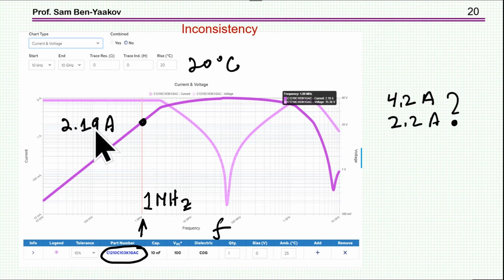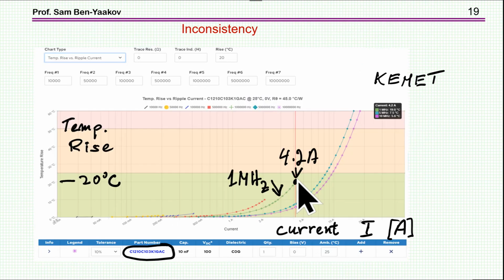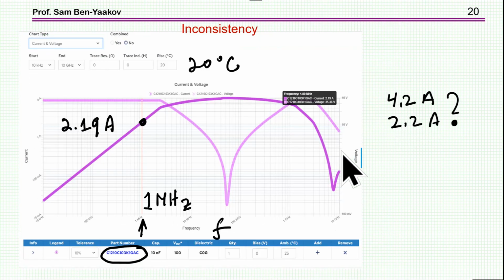This is not acceptable, of course, because this is the same capacitor and the same set of data. You get 4.2 in this case, and you get 2.2 in this case. This just doesn't make sense. Something is wrong here, obviously. Okay, so we don't understand. Maybe it has to do with the cooling or whatever. It's not understood.